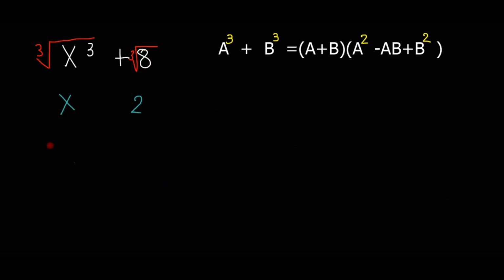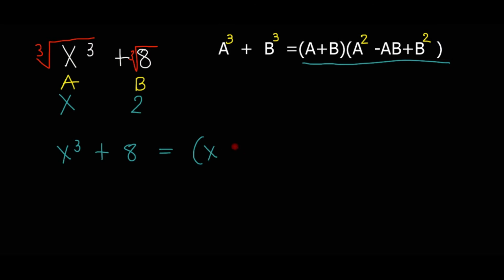E rela gore re tlo re x cube plus 8 e lekana le, and then from there re substitute in this formula. In this case, remember gore this is our a and then this is our b. E rela gore from there re substitute.